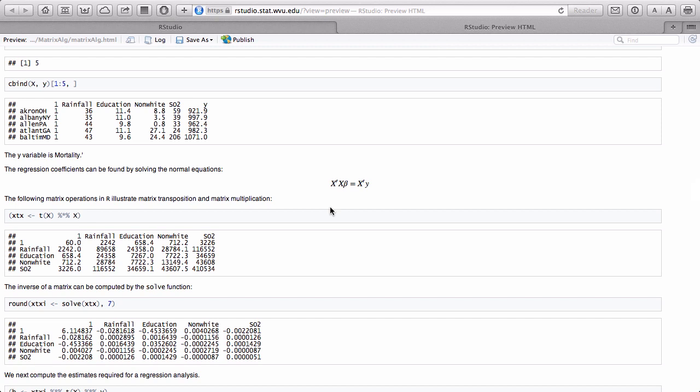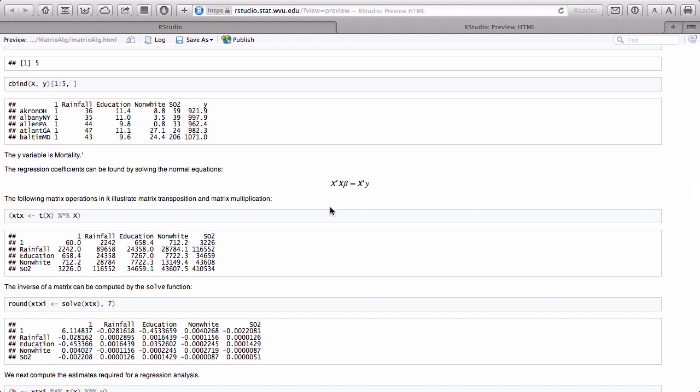And so x prime y is going to be a 5 by 1. So what you have is 5 equations and 5 unknowns. So you have a 5 by 5 matrix times beta, which is 5 by 1, equals a 5 by 1. So you have to solve for beta.